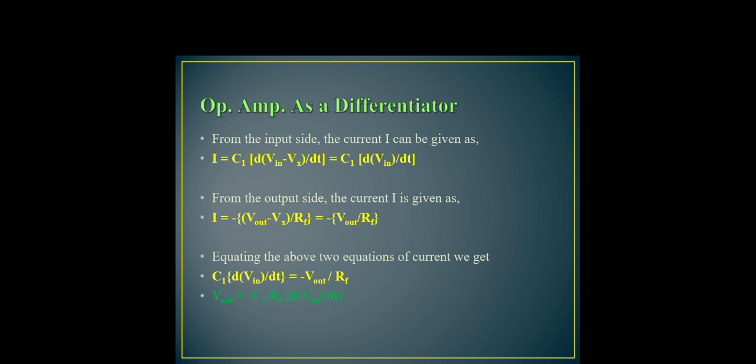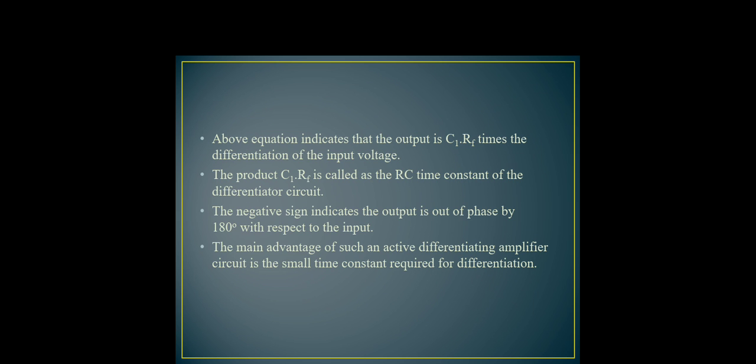This equation indicates that the output Vout is C1 Rf times the differentiation of the input voltage. That is, output voltage is nothing but the product of C1 Rf and the rate of change of input voltage.